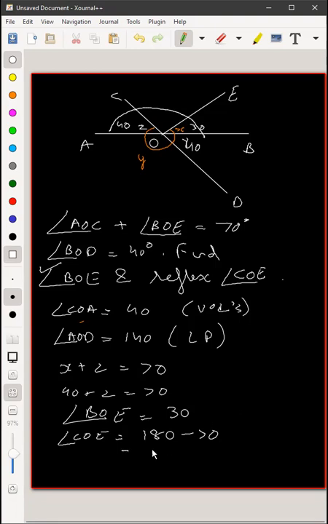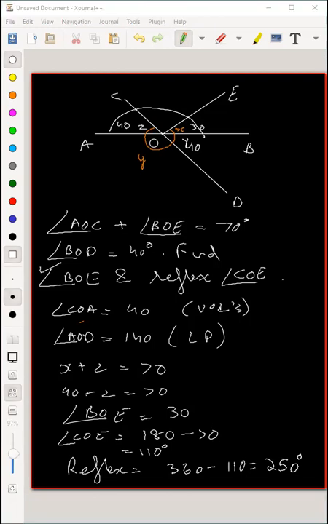So that will be 110. So what will reflex of 110 become? 360 minus 110, which is, sorry, 250 degrees.